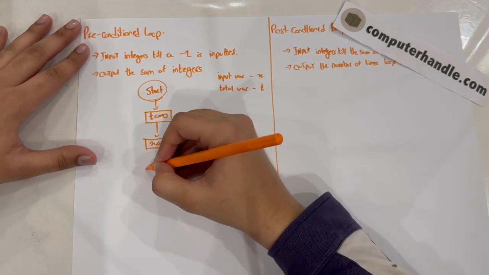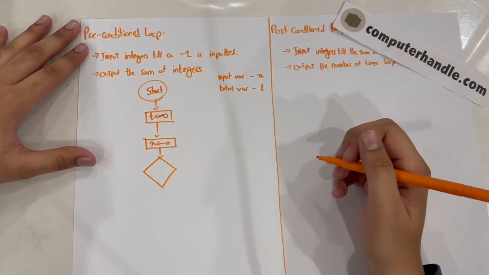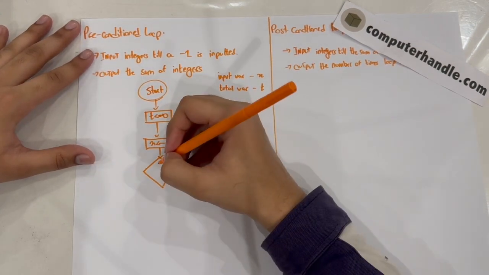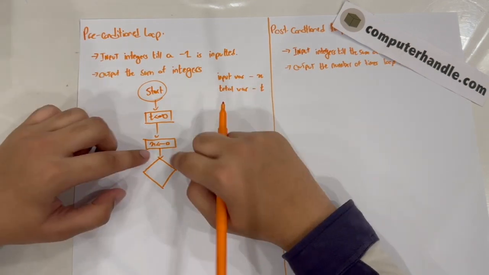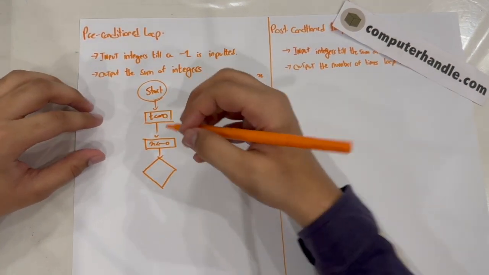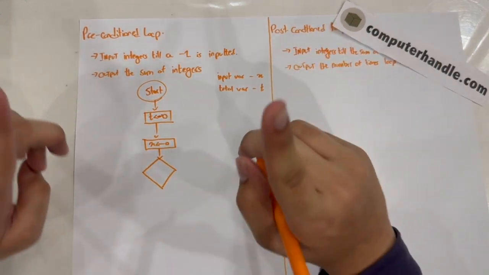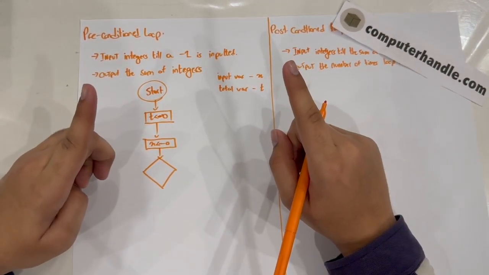So let's create a decision box, or shall I say decision diamond, and, oh, we have a mistake. The mistake we made is that we forgot to input the value of x. This is what happens when I do things in a hurry. So always think before you write. All right.